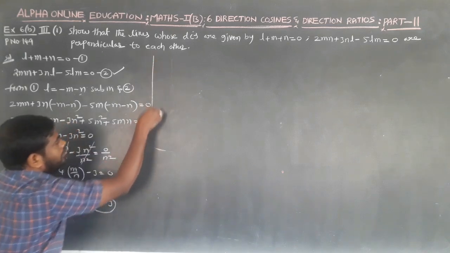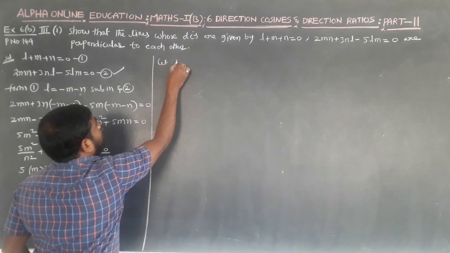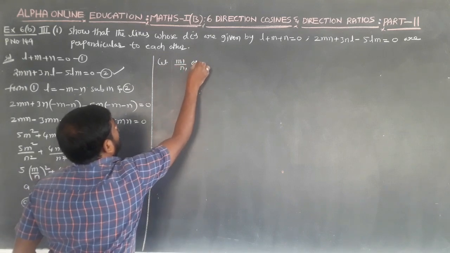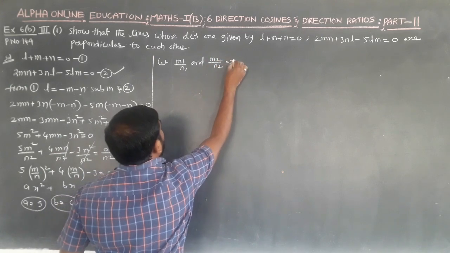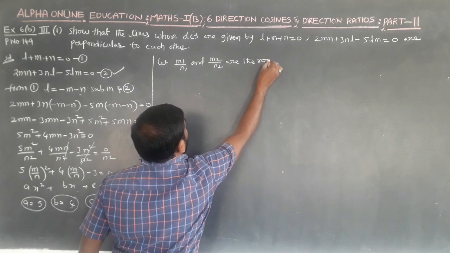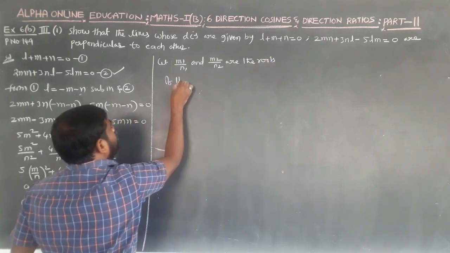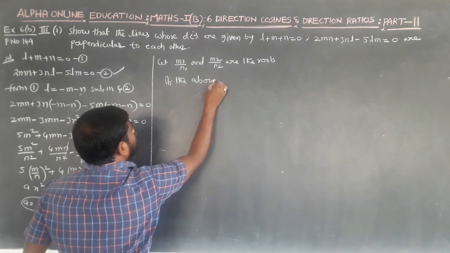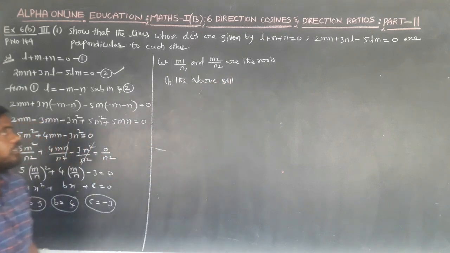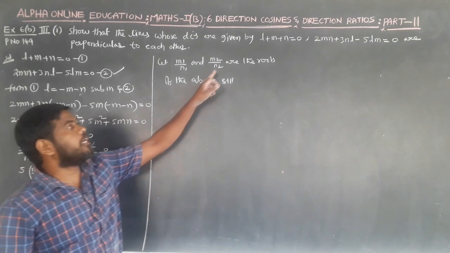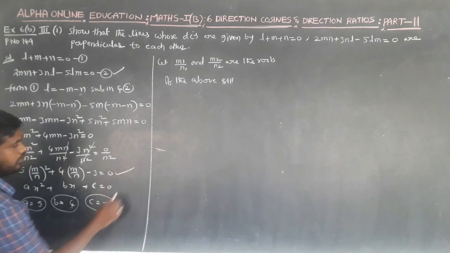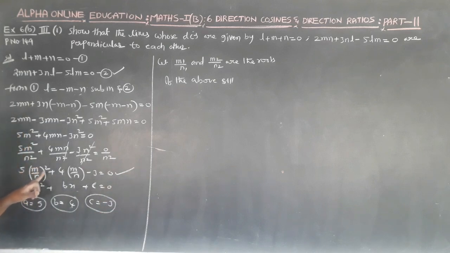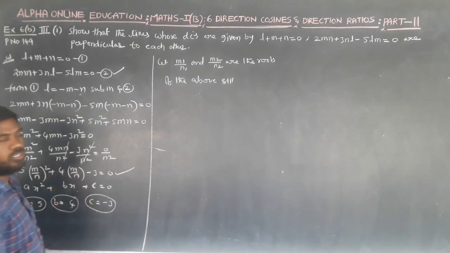Here let m1 by n1 and m2 by n2 be the roots of the equation 5(m/n)² + 4(m/n) - 3 = 0.